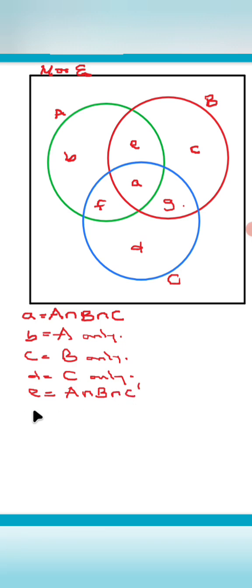Then F is basically the same thing, A and C. So we say A intersection C intersection B complement.